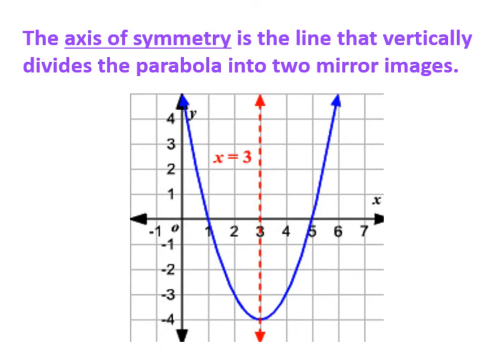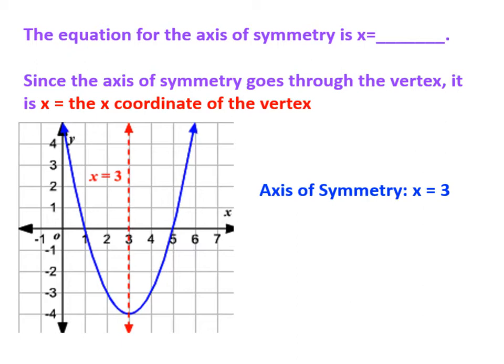Now the axis of symmetry is the line that vertically divides the parabola into two mirror images, like we have below. The equation for the axis of symmetry is always x equals with a number. And since the axis of symmetry goes through the vertex, it is x equals the x-coordinate of the vertex.